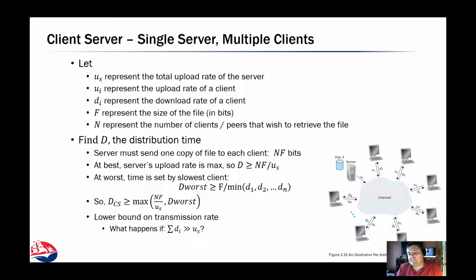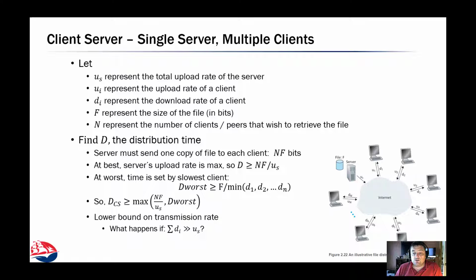Let's first study the client-server model, since I always think that that's a little bit easier to understand. At best, the server's upload speed is better than anyone else's, combined. And if that's true, then it becomes the minimum time for an upload. In other words, we can't upload a file to any one client any faster than the server's upload speed.